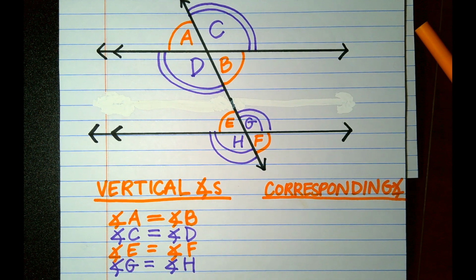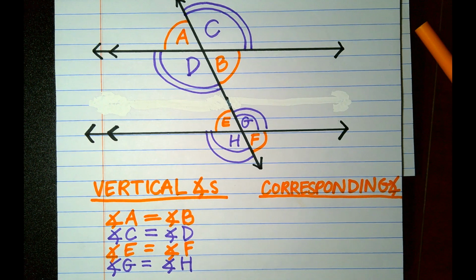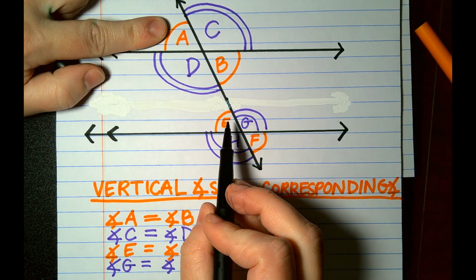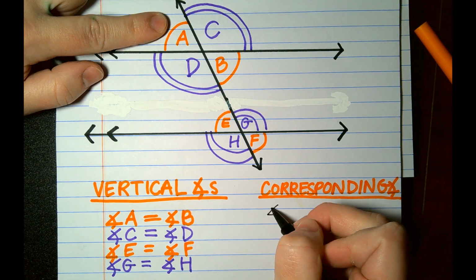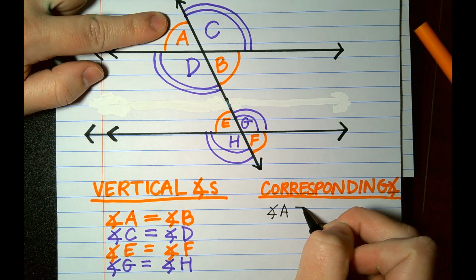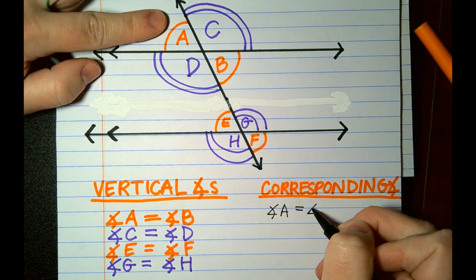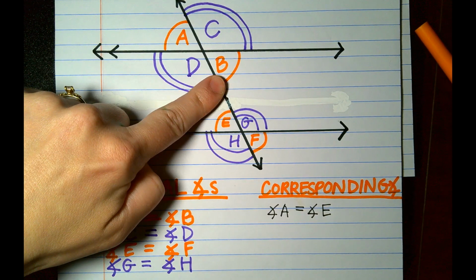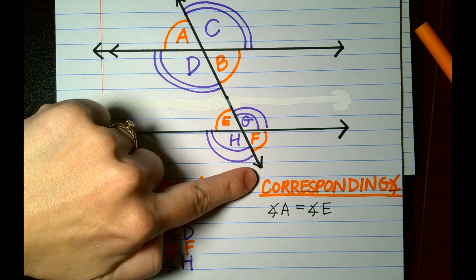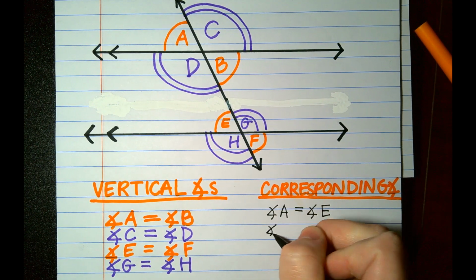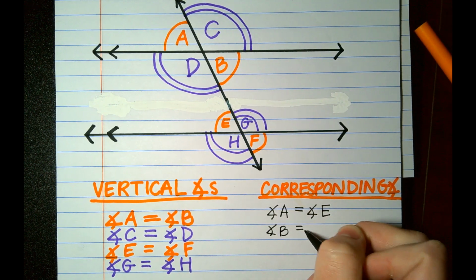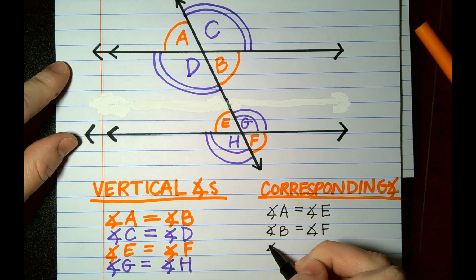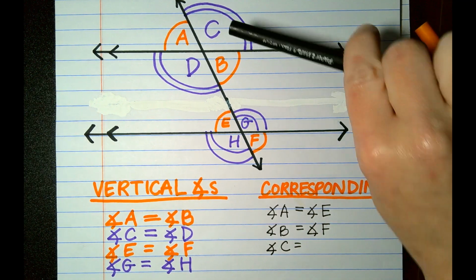So let's name all of our corresponding angles. We'll start with A. E is the corresponding angle, so angle A is equal to angle E. What about angle B? What's its corresponding? F. Good. Angle B corresponds with angle F. What about angle C?